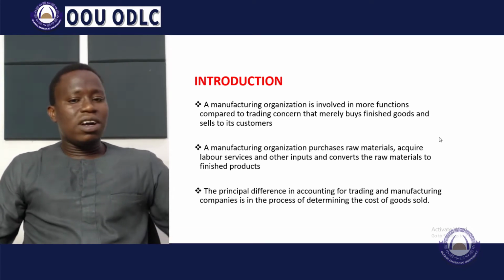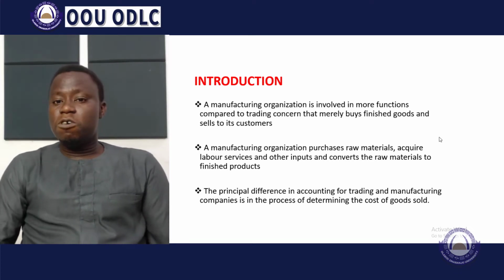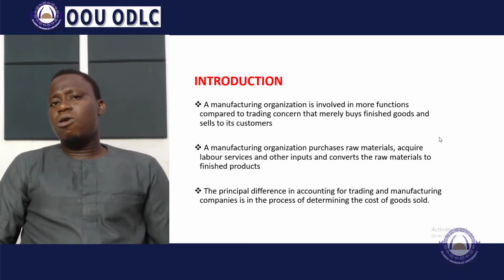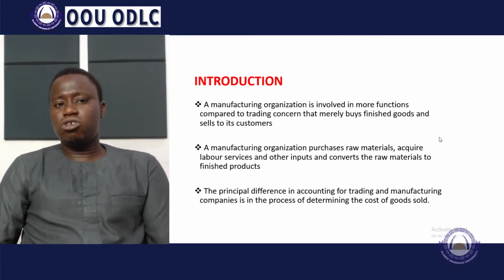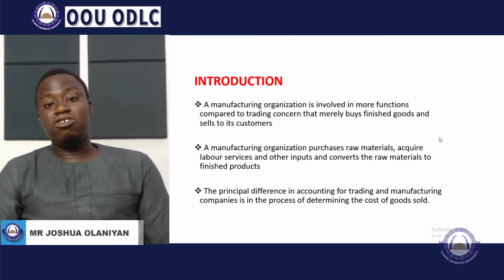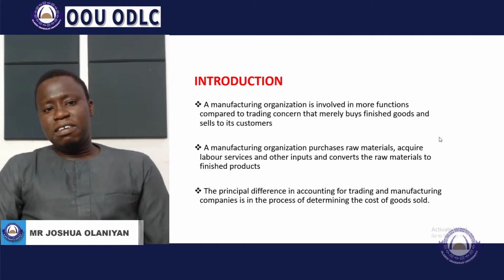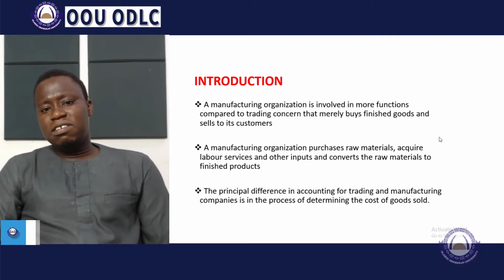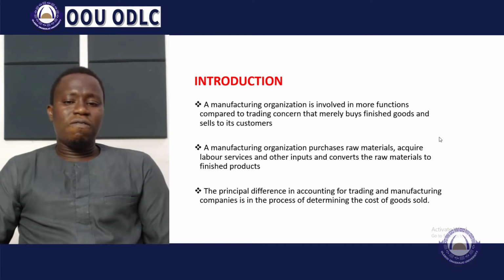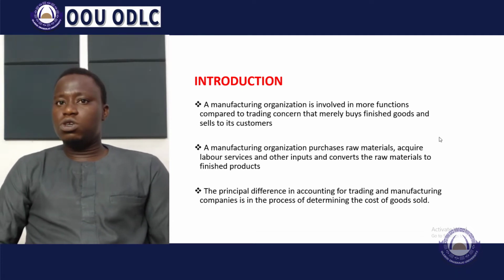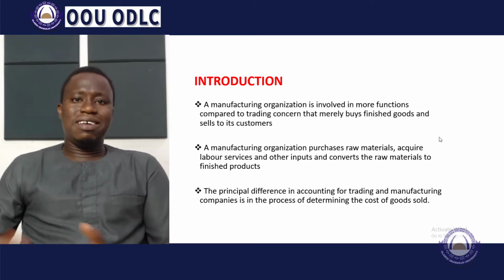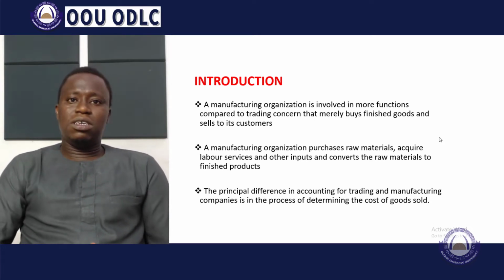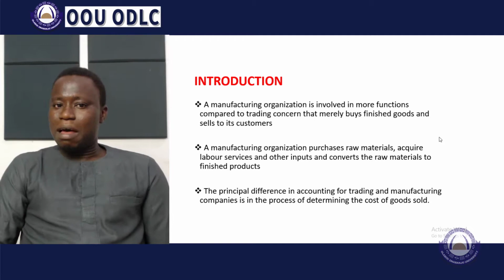So a manufacturing organization is usually involved in more functions compared to a trading concern that merely buys finished goods and sells them to customers. The manufacturing organization purchases raw materials, acquires labor services and other inputs, and converts the raw materials to finished goods, unlike the trading concern which only purchases finished goods and sells to perhaps the direct consumer or the intermediaries.